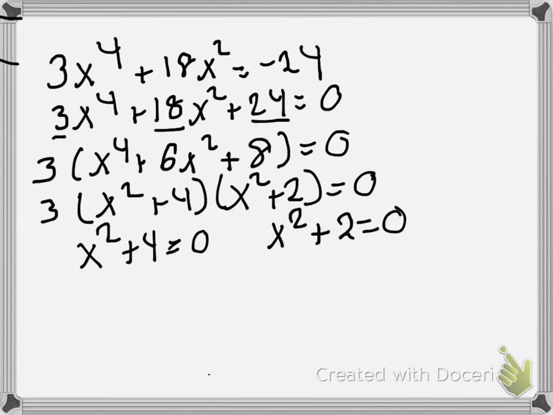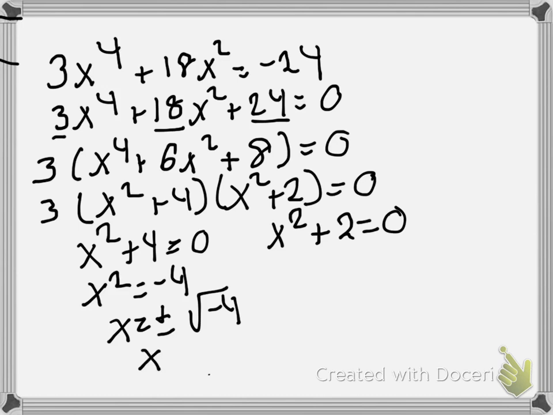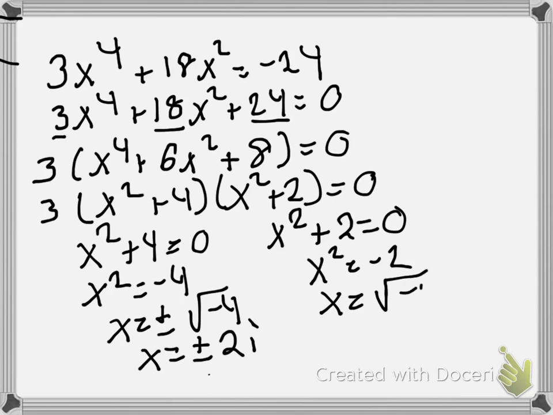So now what do I have? Well, I have x squared equals negative 4, or x equals plus or minus the square root of negative 4. And some of you need to make sure that you're actually doing these. X equals plus or minus 2i. Over here I get x squared equals negative 2, or x equals the square root of negative 2.